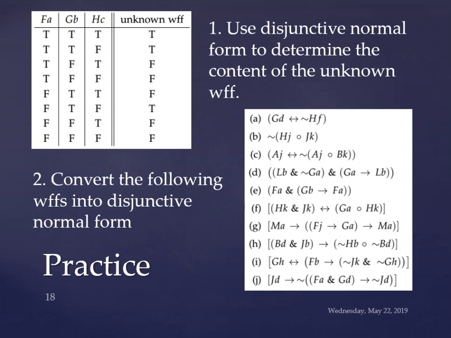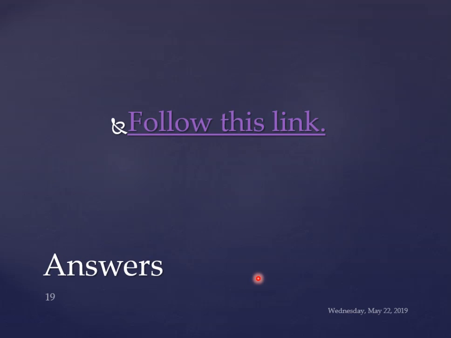The reason I want you to do this practice is because you need more practice drawing truth tables up, getting good at them, and learning how to make them work, right? And you'll have to do this on your homework. There's an answer sheet, by the way, for this, so you can check that out. Follow that link when you get the lecture slides. And we can talk a little bit about the homework and how to do it.